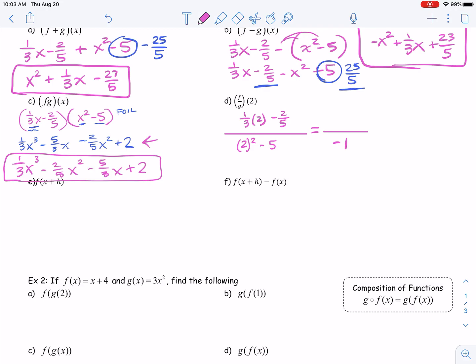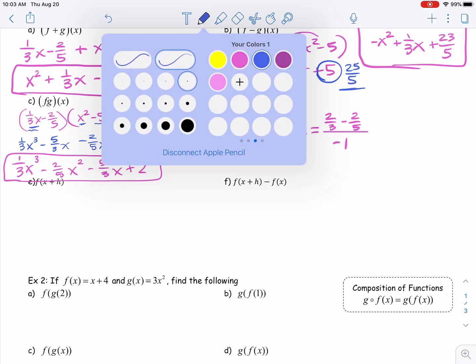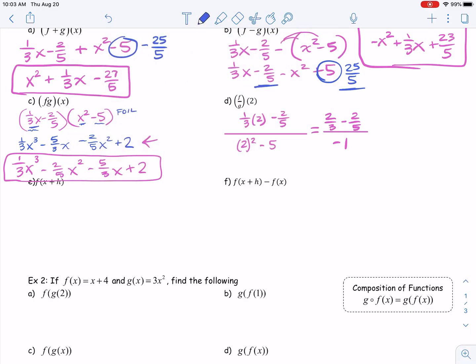In my numerator, I'm going to go ahead and multiply out my 1/3 times 2 to give me the 2/3 minus the 2/5. At this point, because I need to combine those fractions, I'm going to make them have like denominators. So what is the common denominator for 2/3 and 2/5? Well, that would be 15, right?